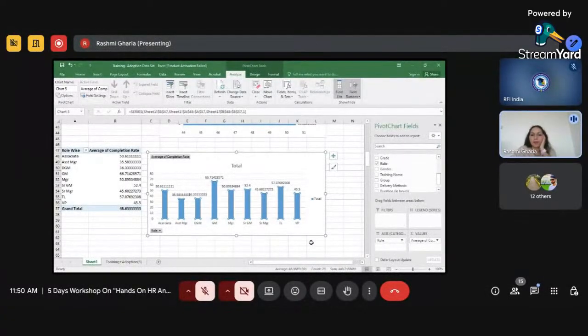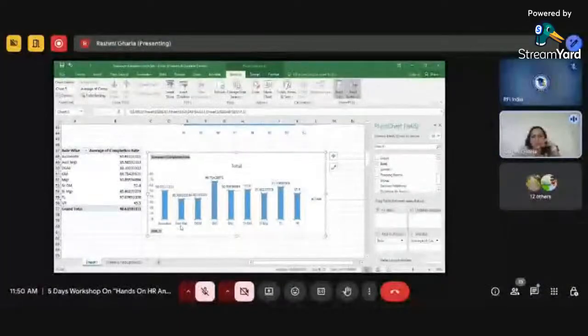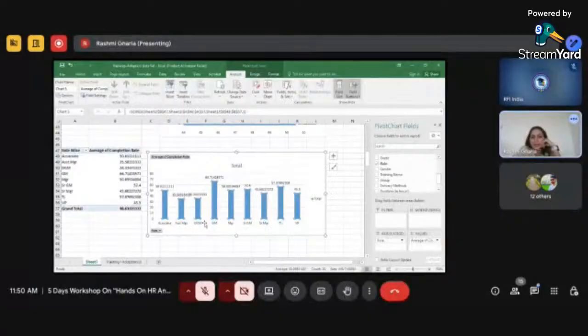Which role people have the highest adoption rate and which role people have the lowest? GM has the highest level of adoption, and if we see assistant manager and DGM, these level people have the lowest adoption rate in comparison to the others.